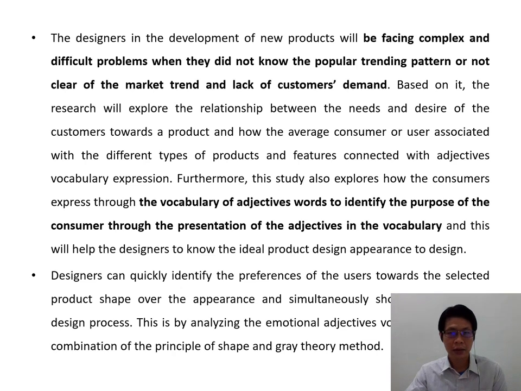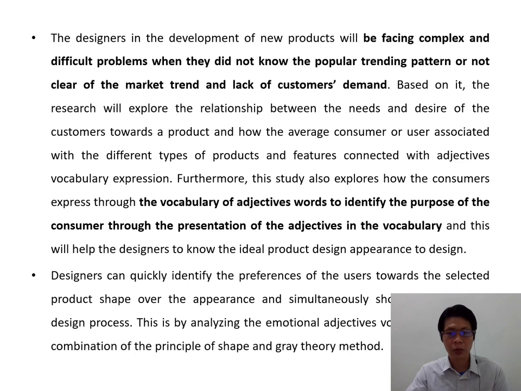Designers developing a new product face complex and difficult problems when they do not know the popular trending pattern or are not clear about the market trend and user needs. Based on this, our research will explore the relationship between the needs and desires of customers toward a product, and how the average consumer or user associates different types of products and features with adjective vocabulary expressions.